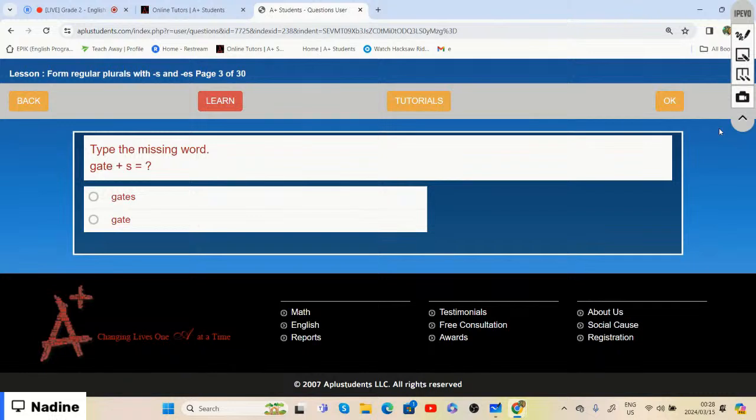But now if we add an s to that word, it means that we're referring to more than one gate.